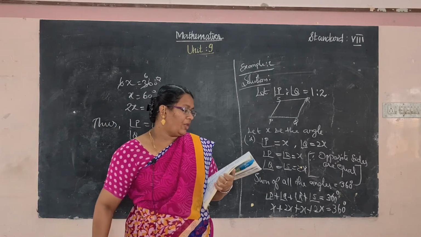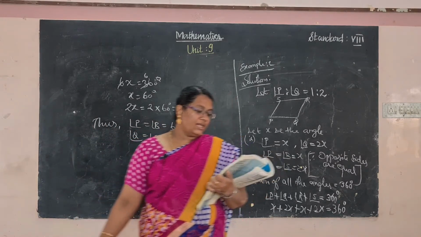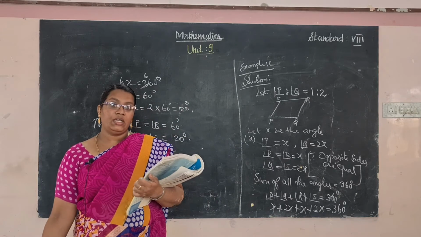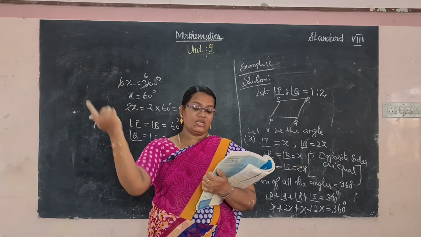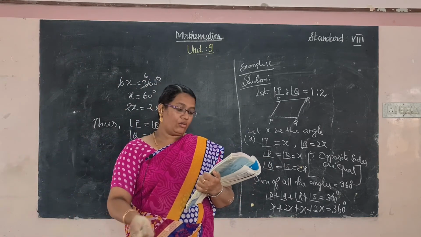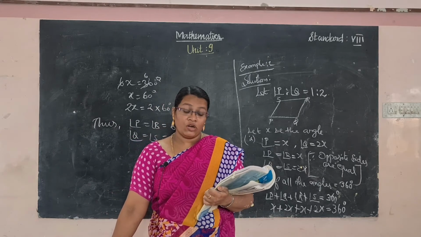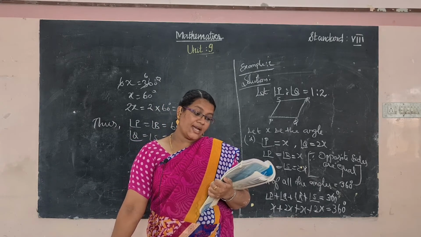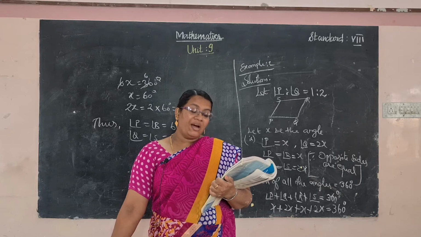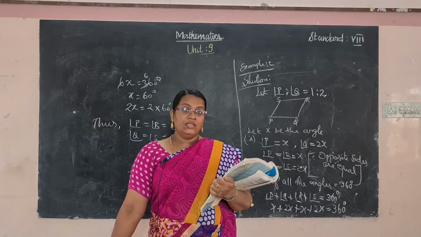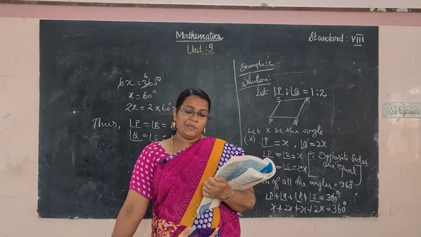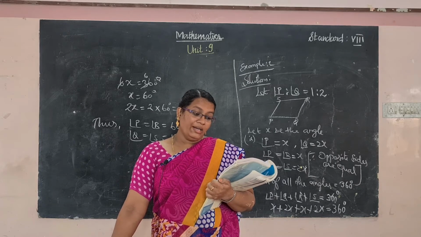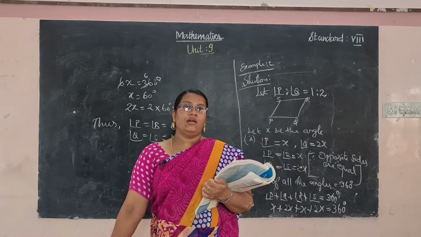The perimeter of the parallelogram ABCD is 140 centimeters. Perimeter means the boundary of the parallelogram. If one of the sides is greater than the other by 10 centimeters, find the length of all the sides of the parallelogram.